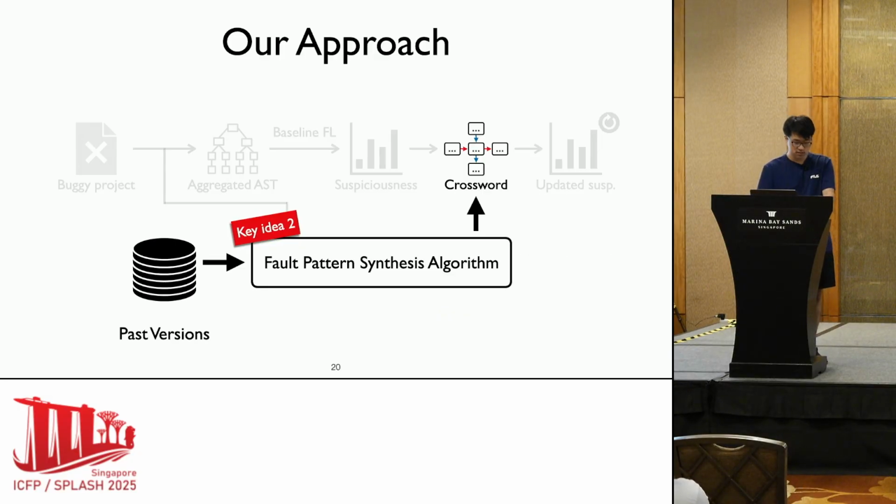The second key idea is an algorithm that synthesizes fault patterns. This algorithm analyzes past versions of the target project and finds fault patterns that can improve the ranking of fault statements in the current version.